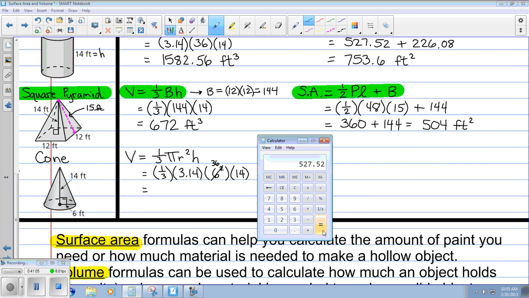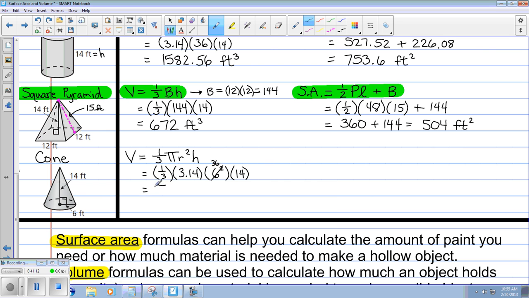That's going to give me the correct answer, 527.52. And this is volume, so it is feet cubed. And I'm going to do a little highlighting here, and then we're going to move on to surface area, and we're almost finished.